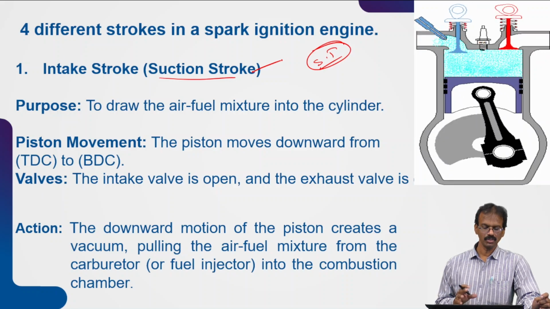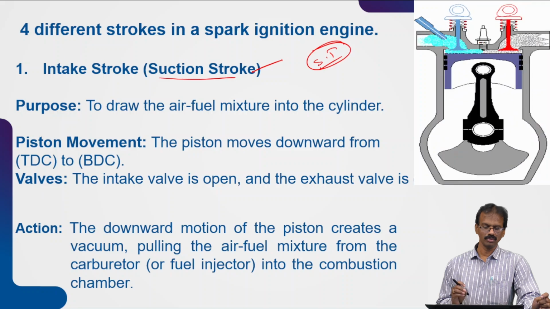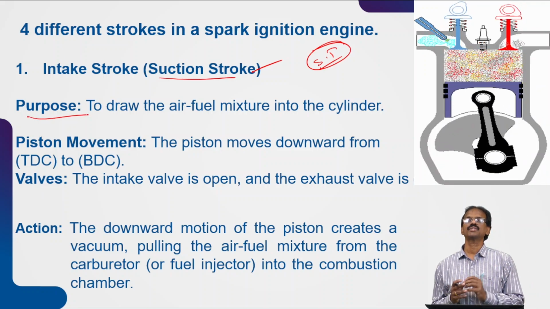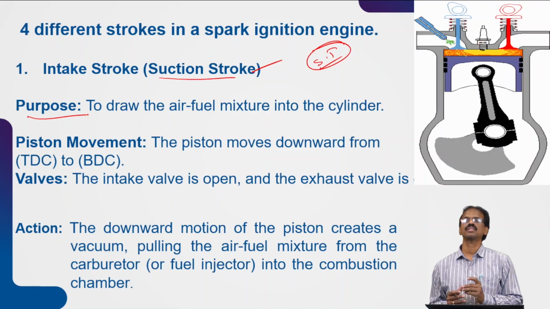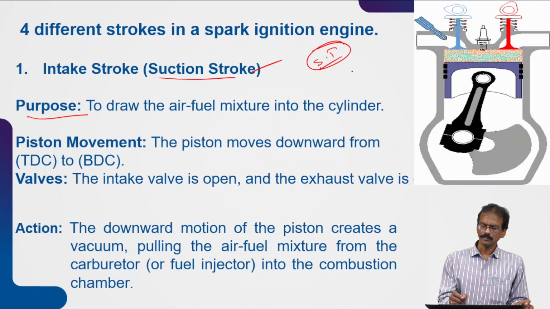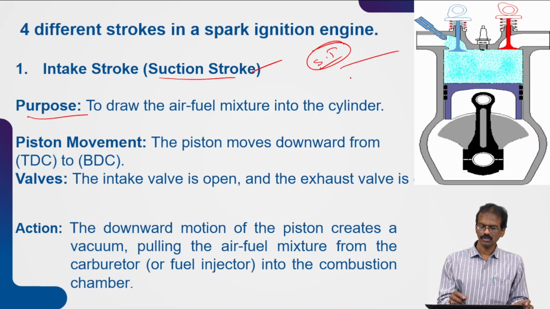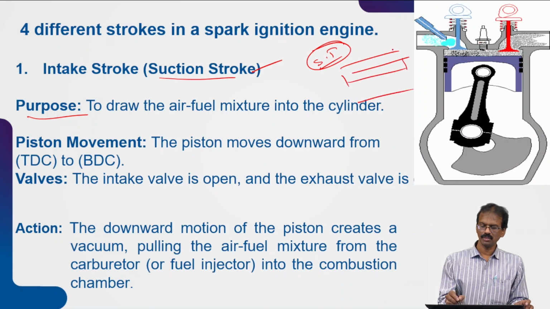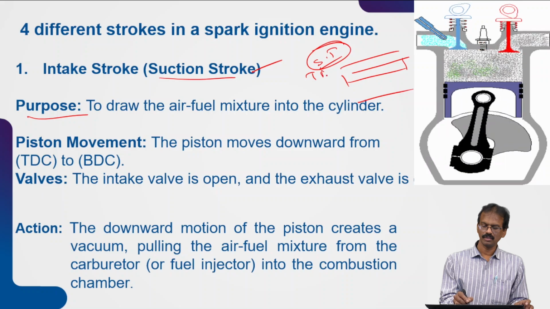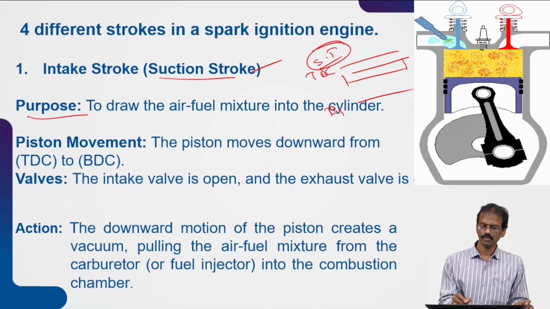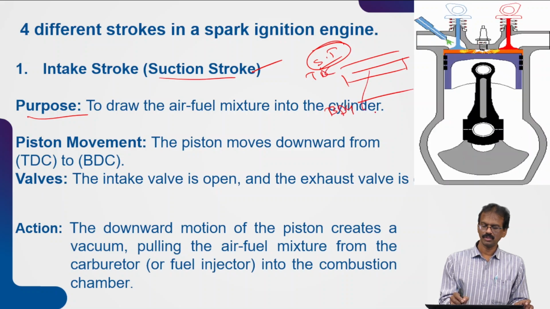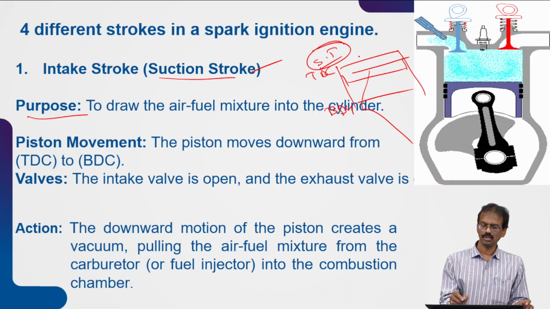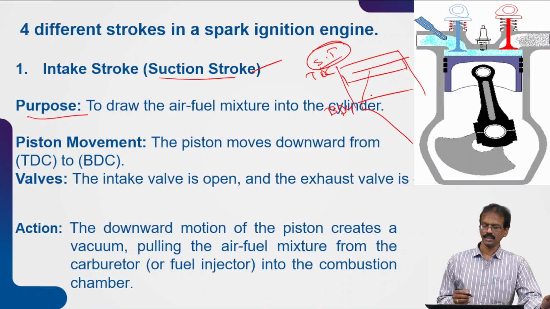So in each stroke, what happens? We'll see. The first stroke is the suction stroke. In the suction stroke, the piston moves from top dead center, TDC, to bottom dead center, BDC, so in the downward direction.